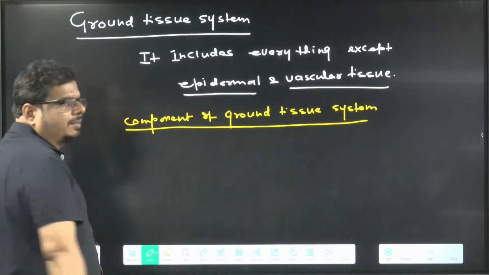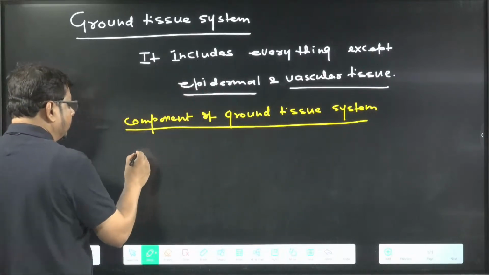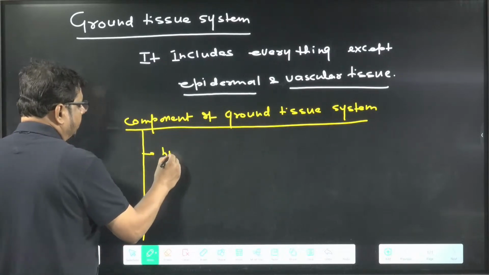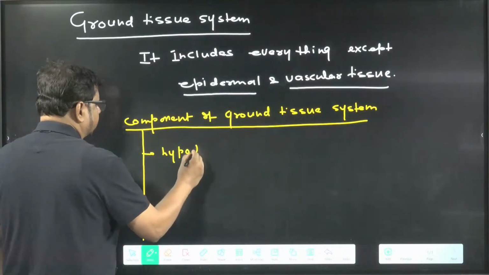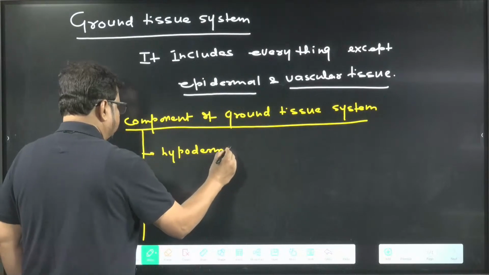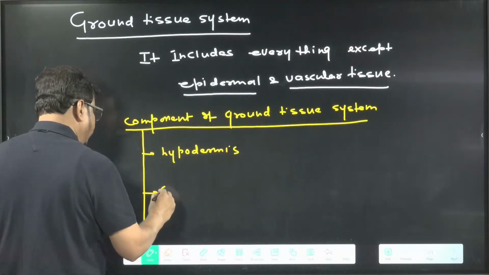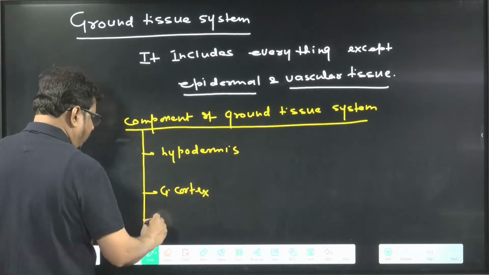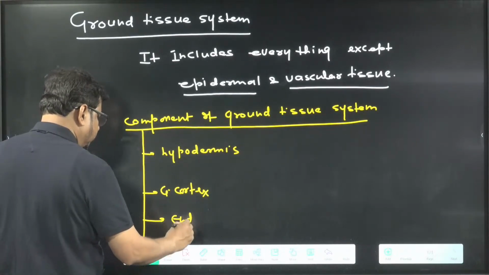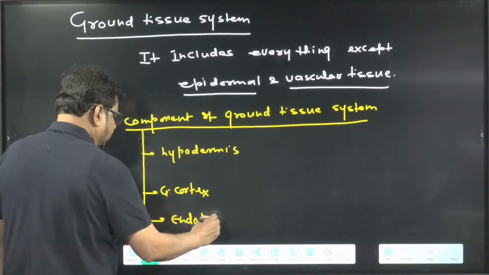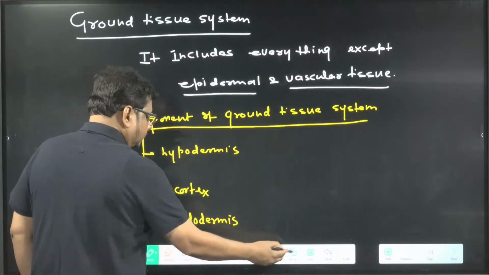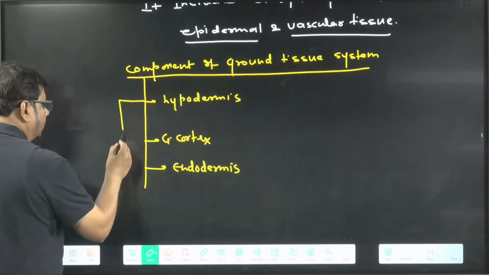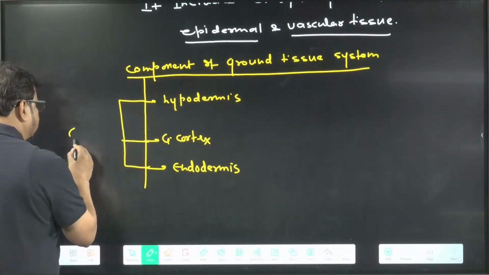So if we talk about components of ground tissue system, I am writing hypodermis, general cortex, endodermis. These all three together are called cortex.